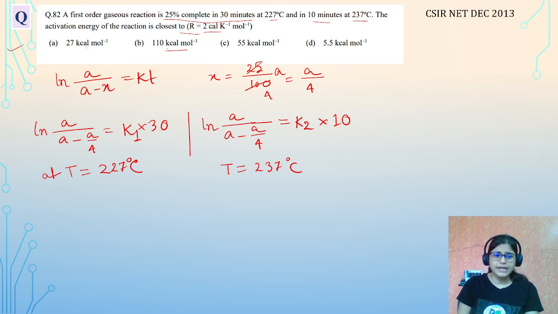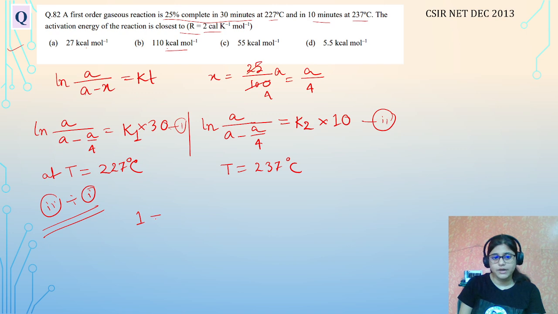So here in the left hand side, these two are same. So if we divide it, because if this is 1 and this is 2, if we divide 2 by 1, left hand side will be 1, right?